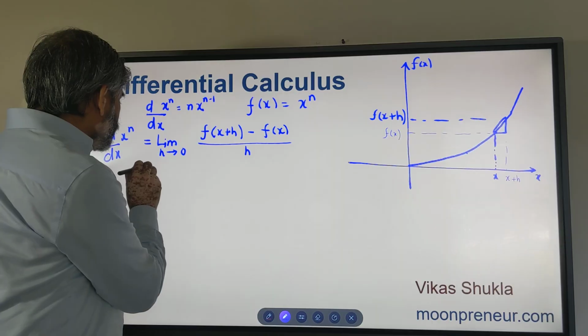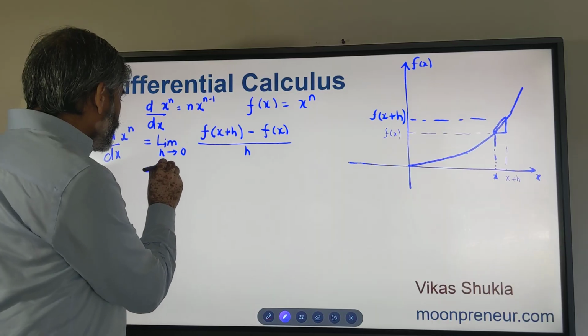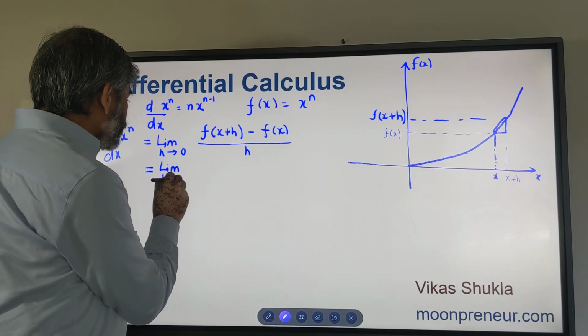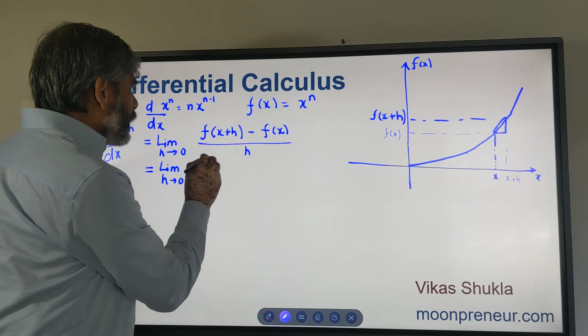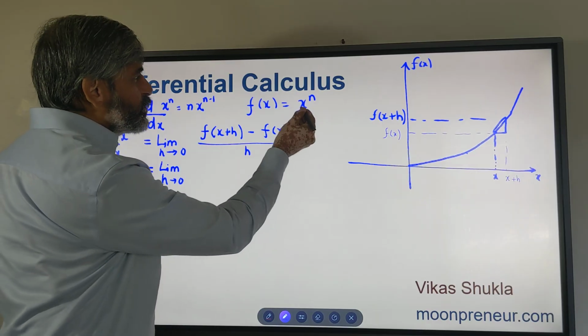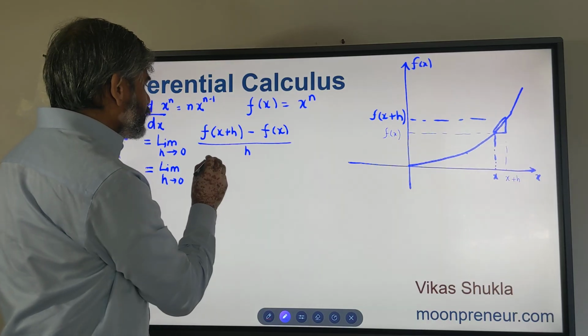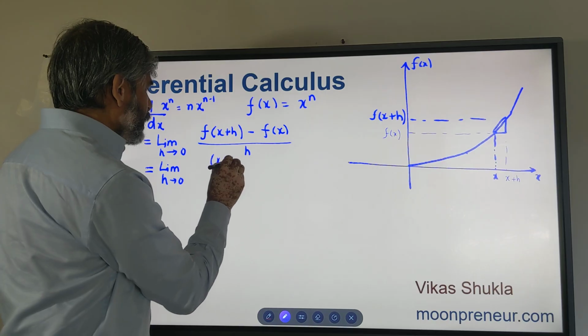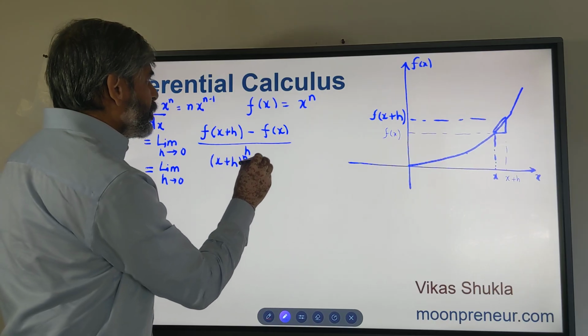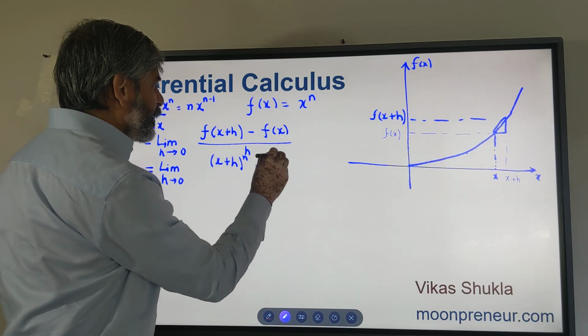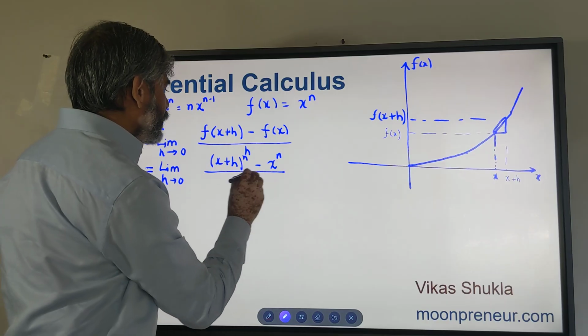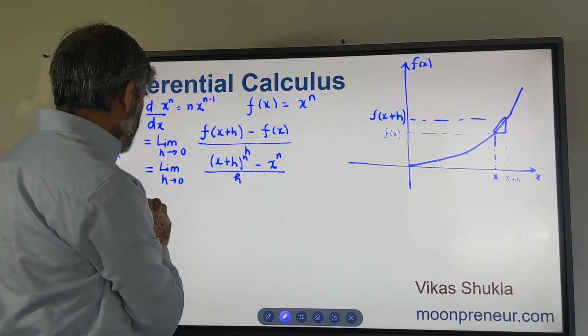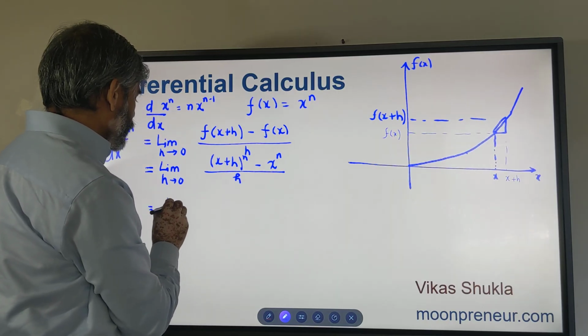Now I substitute these values, so I get limit h tending to 0 of x plus h to the power of n, minus f(x), which is x to the power n. This whole thing is divided by h.